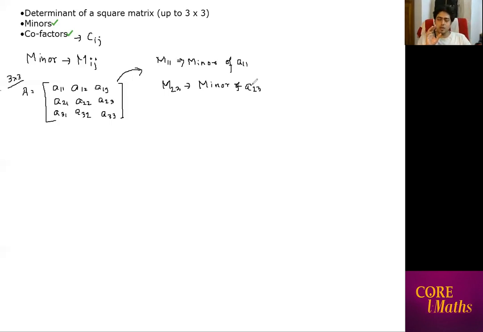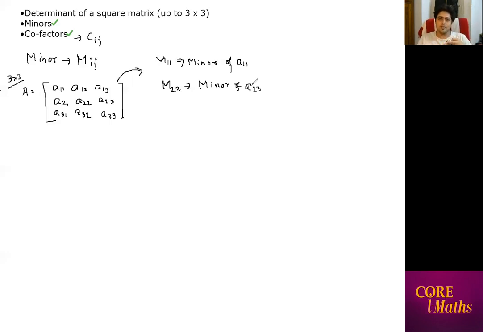We know that a total of 16 elements will be there, and for every one of the 16 elements there will be one minor value. The minor is nothing but a determinant structure, so its order will always be one less than the original order.